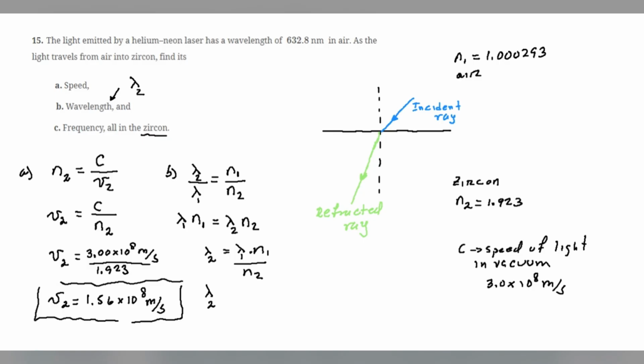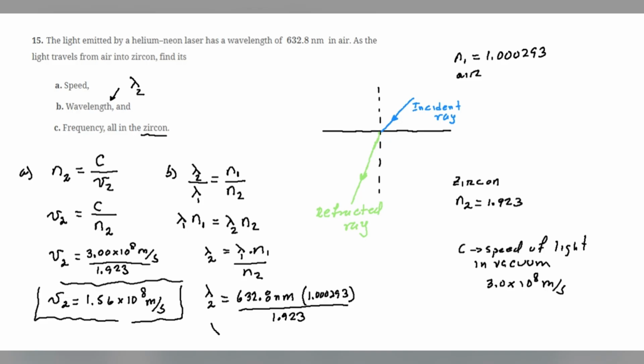So lambda sub 2 would be the wavelength in air, which is 632.8 nanometers, times the index of refraction of the air, which is 1.000293, all divided by the index of refraction of the zircon, which is 1.923.